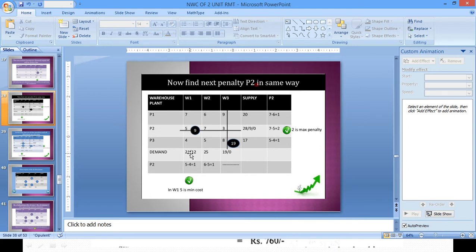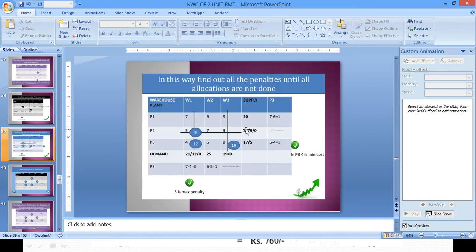So either 20, 21 or 9. 9 is least. Put the 9 here, and this becomes 0, and this is reduced to 9. So 12. So this becomes 0. The 0 is struck. After striking these two, you will not have a penalty here, and you will not have a penalty here.